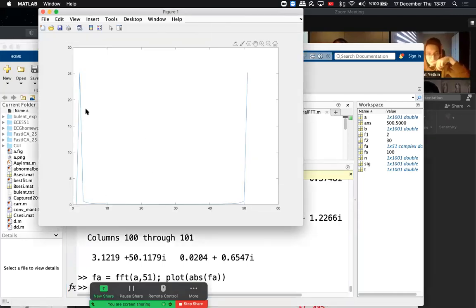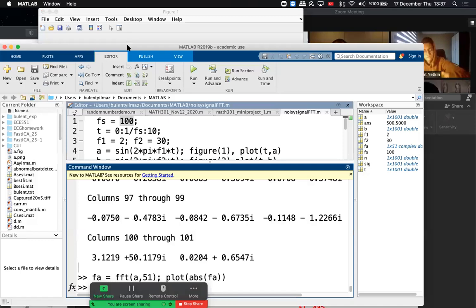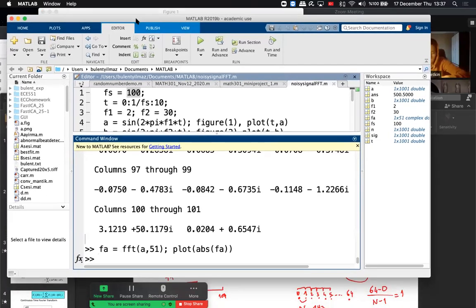So what is it that I am interested in? Half of it, so the first half. So actually I don't have 51, but 25 in this case. For me to have 1 hertz difference, I need to do 101. Okay?